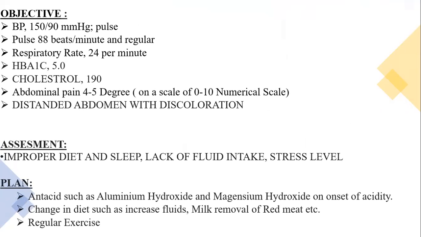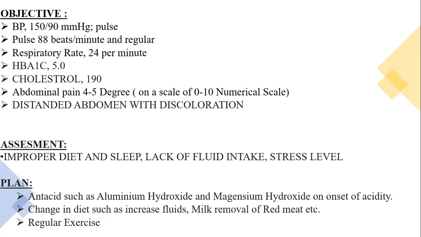We have taken a few other observations and tests, including HbA1c, which describes the sugar level, whose normal range is 4.2 to 6.0, and his reading is 5.0, which is around normal. It is kind of a pre-diabetic condition. Similarly, his cholesterol is 190, and the normal level is 200, so it is also borderline, which may be a factor in the cause of acidity.